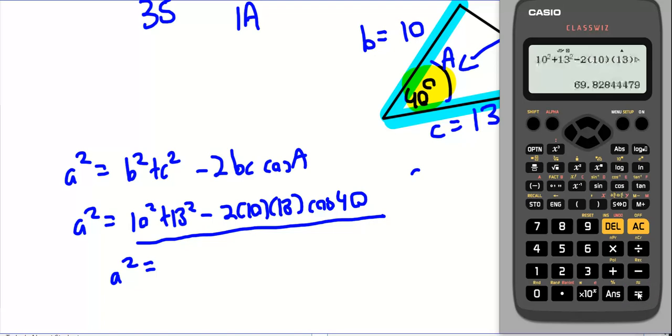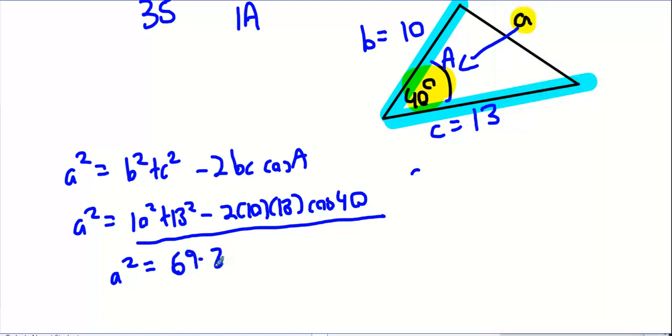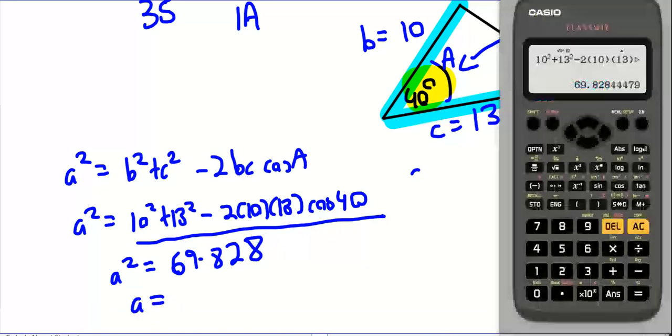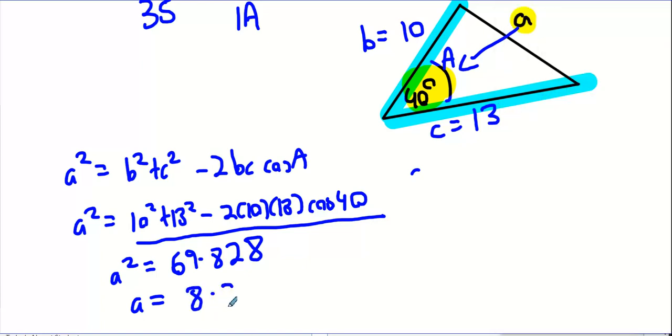And lo and behold, 69.828. What's the only thing you have to do now? That's a squared. Square root it. What do you get when you square root it? 8.356, or 8.36. That cool, you guys?